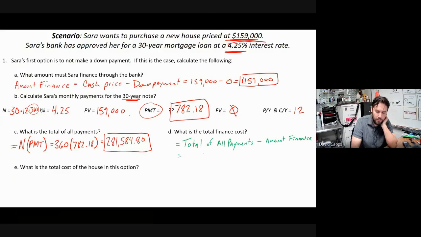The total of all of her payments is from question C, $281,584.80. And we're going to subtract the amount that the bank gave her.